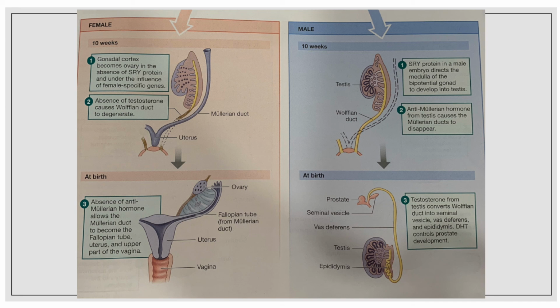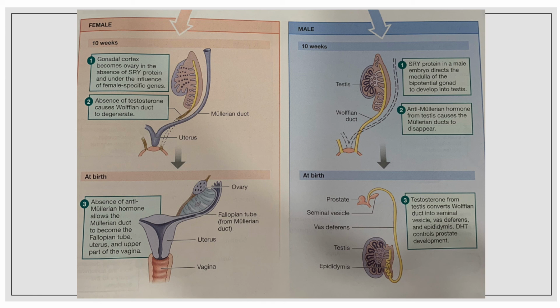On the right side, at week 10, the SRY protein is present in the male embryo, and this directs the medulla of the bipotential gonad to then develop into the testes. However, there is the AMH hormone present, which causes the Mullerian duct to degenerate.